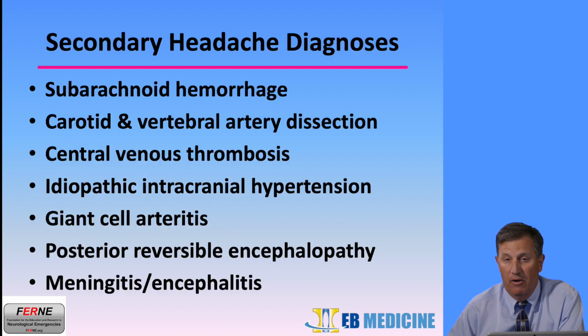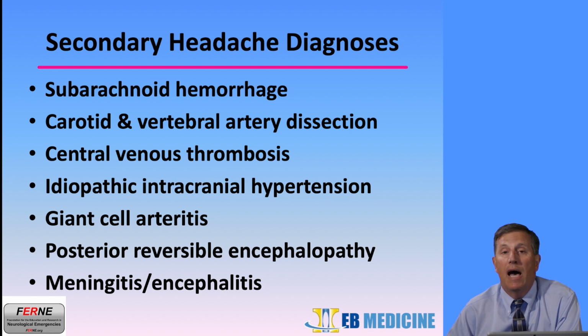What are those secondary diagnoses that are life-threatening? They include subarachnoid hemorrhage, carotid and vertebral artery dissection or cervical artery dissection, central venous thrombosis, idiopathic intracranial hypertension, giant cell arteritis, posterior reversible encephalopathy, and meningitis and encephalitis.